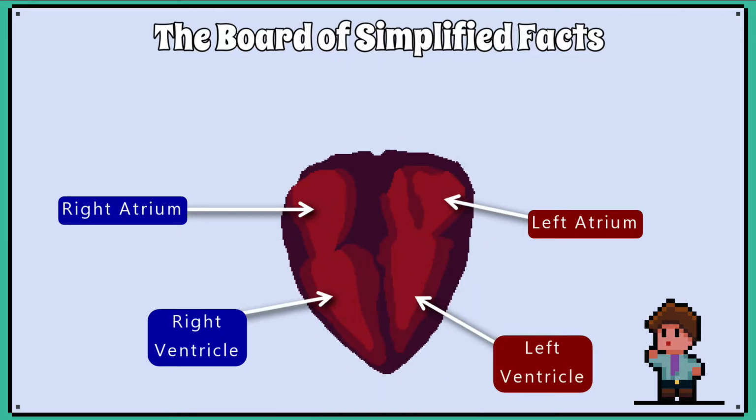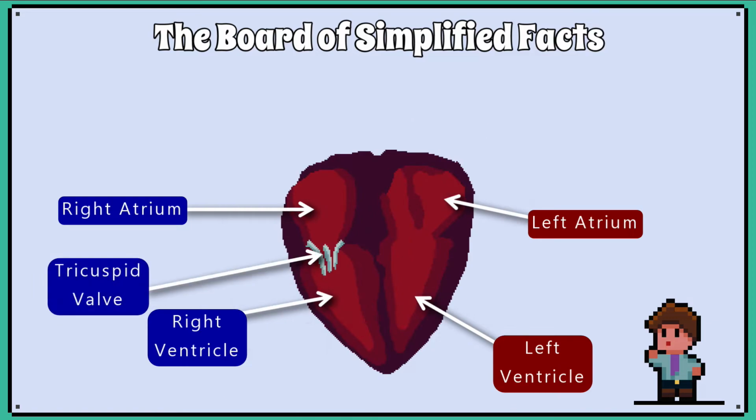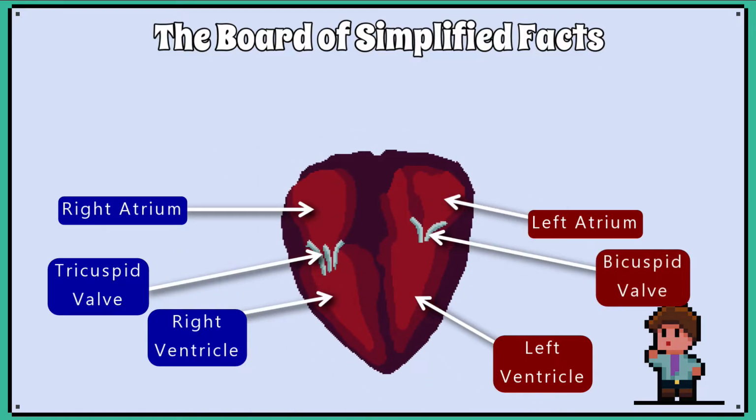Between the right atrium and right ventricle is the tricuspid valve, which has 3 flaps. Between the left atrium and the left ventricle is the bicuspid valve, which has 2 flaps. A good way to remember which side the valves are on is: right is tricuspid, and left behind, so bicuspid.